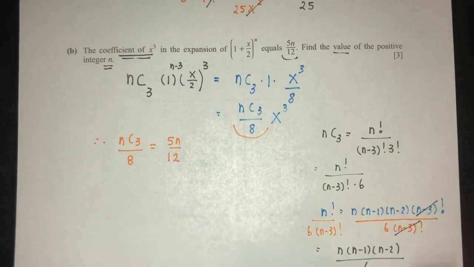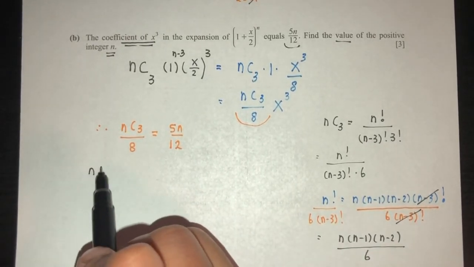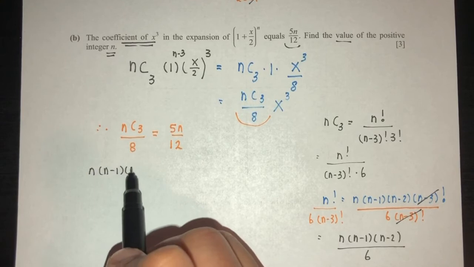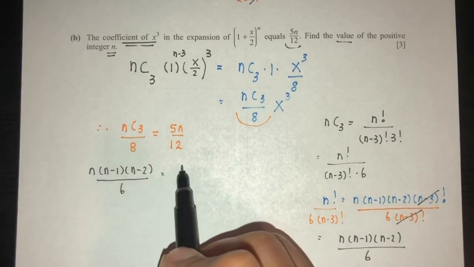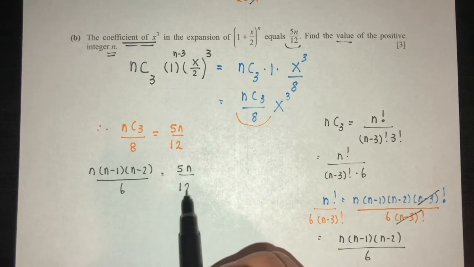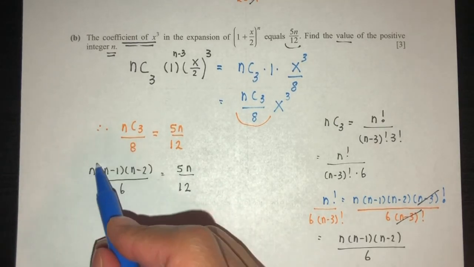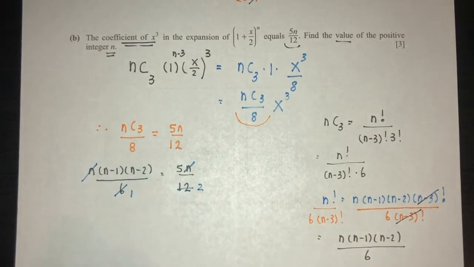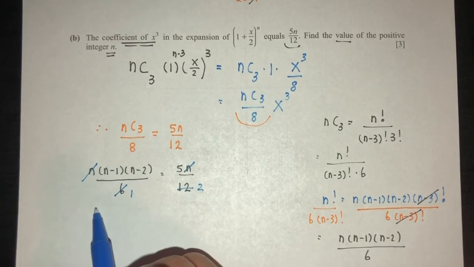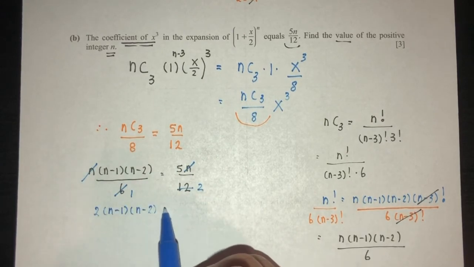Replace back in your main equation. You will have on one side n minus 1, n minus 2 divided by 6. That will be 5n over 12. Simplify. This one will cancel out. Divide by 6, 1, 2. Cross multiply, you will have 2 times n minus 1, n minus 2 equal to 5.